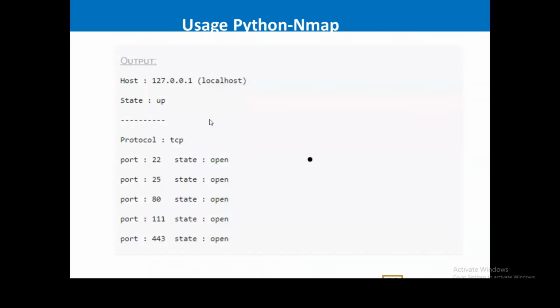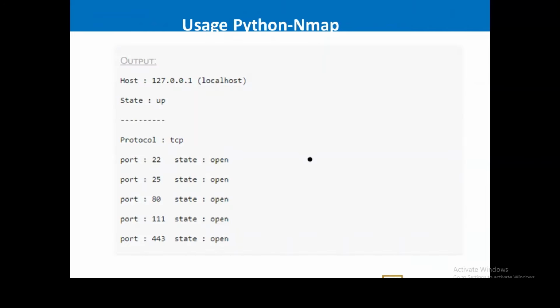If you run the scripts, because we are running it on the localhost, the output will be similar to this. And the protocol is this. To display all the ports, you don't necessarily have all of these ports, depending on the number of ports that are open. So this is how the output of the script looks like.